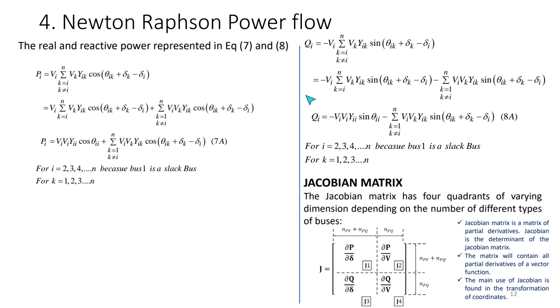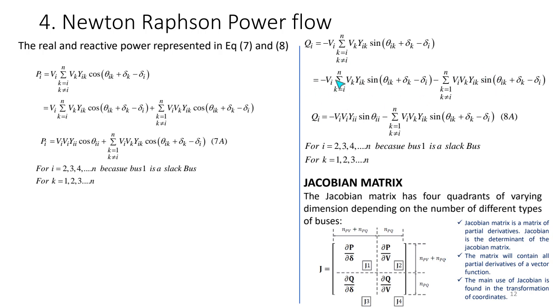The same thing will be applied for the reactive power as well. In the reactive power equation, which we derived a couple of slides ago and which is represented as equation 8, we write exactly as it is. Again, for this term we write k equal to i, and for this term we write k not equal to i, k equal to 1.